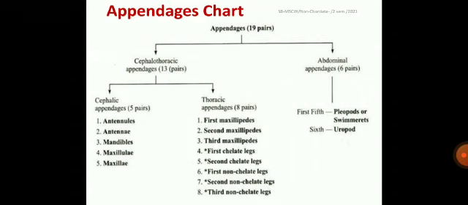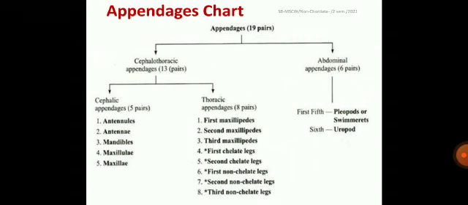So there are 19 pairs of appendages, and the chart of those appendages is shown in this particular slide. The cephalothorax has 13 pairs of appendages, out of which 5 belong to the cephalic region, that is the head region, and 8 pairs are the thoracic appendages.